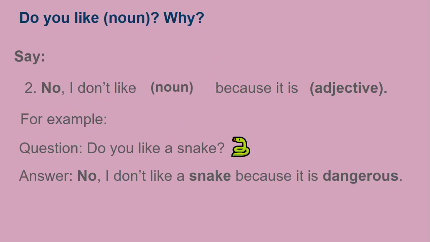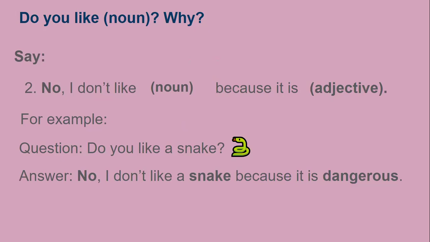And lastly, we learned how to say whether we like something or not using yes and no. Yes, if we like the thing, and no, if we do not like the thing. We then used the adjectives to give a reason why we like or do not like certain things.